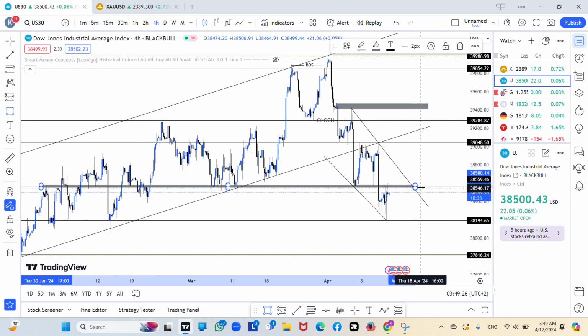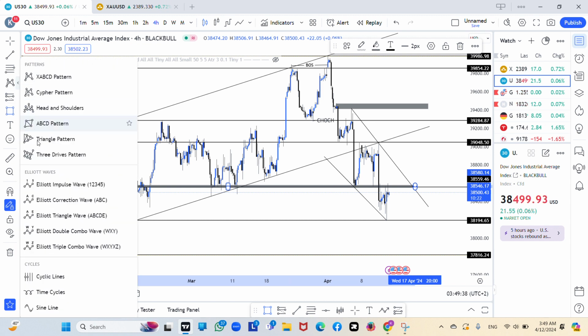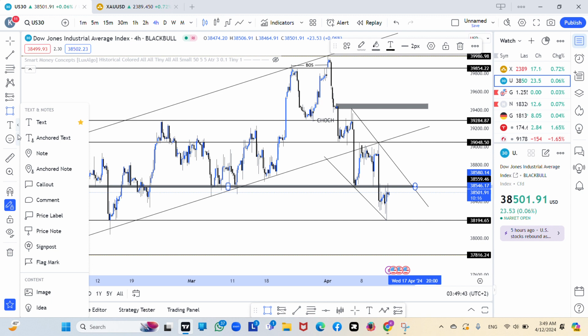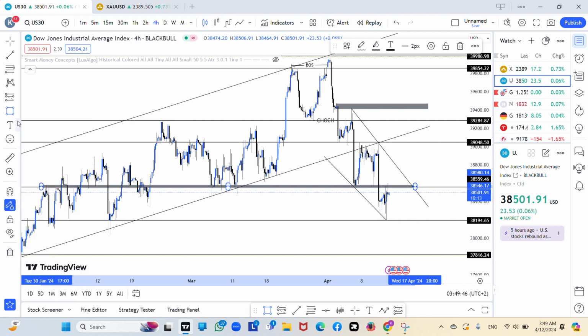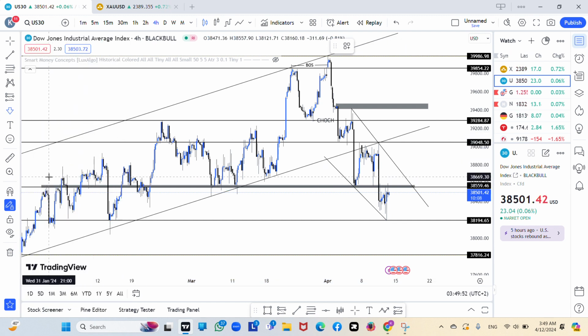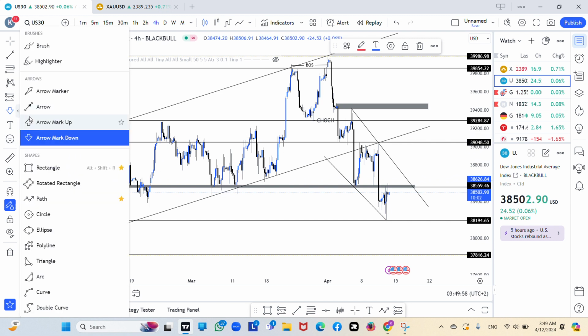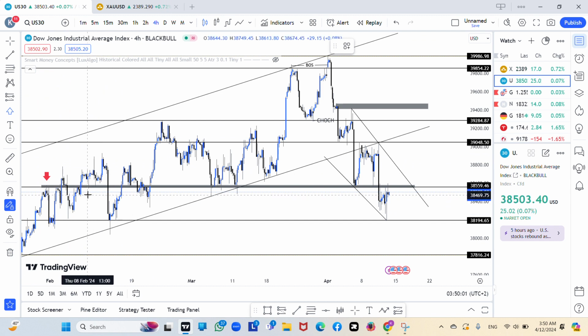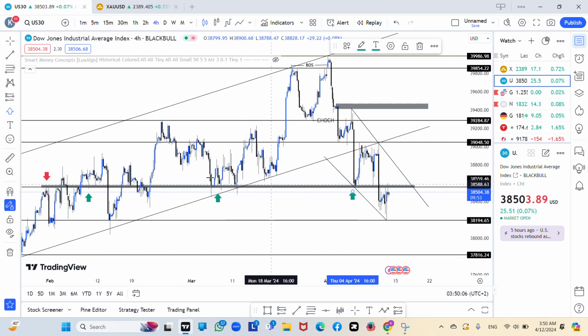Right there, we saw that prices have been respecting that zone beautifully. So you see some rejections here and here and also here.